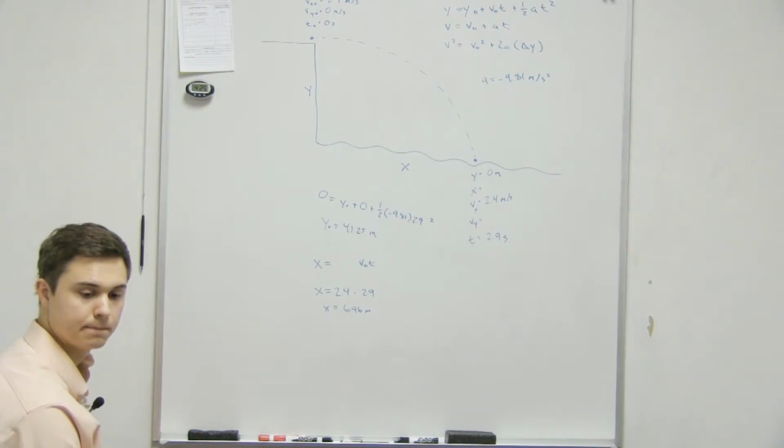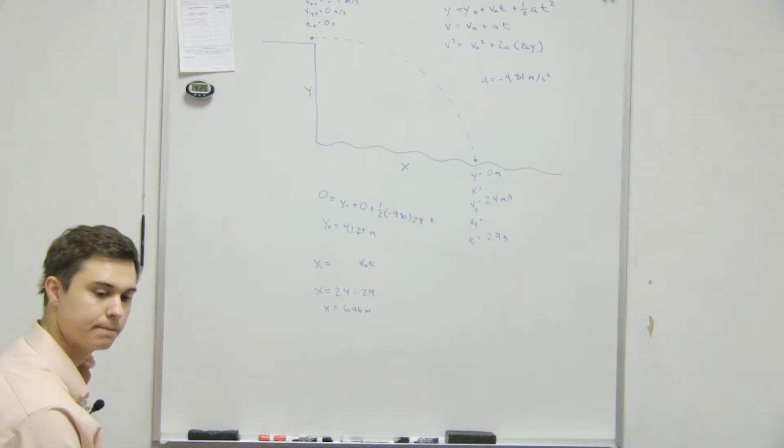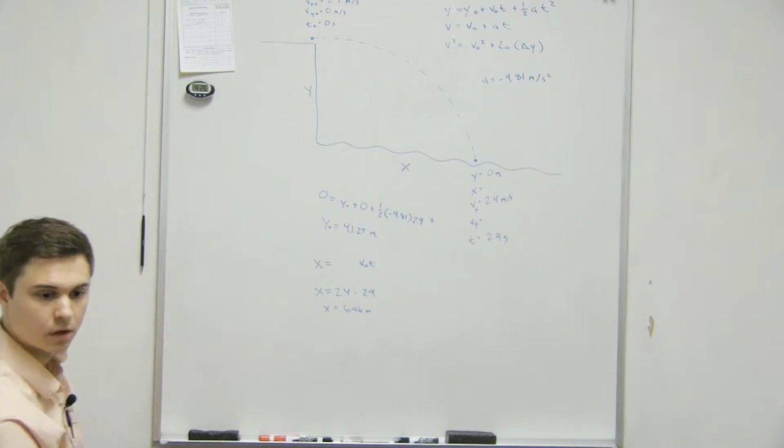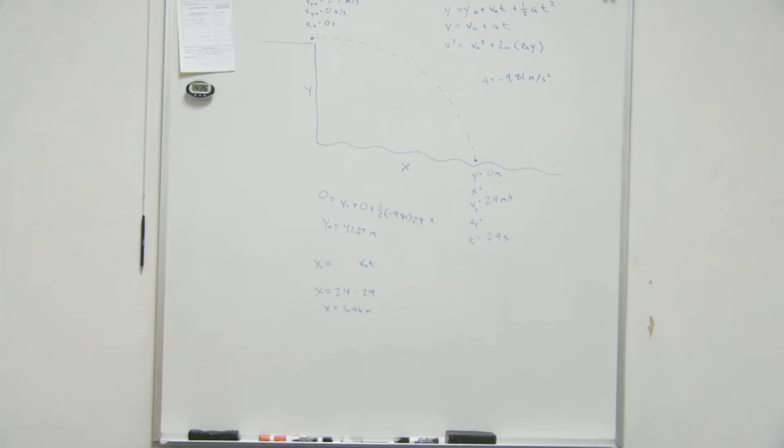So for my problem on here, it's pretty similar. It says a baseball is thrown horizontally off a cliff with a speed of 7 meters per second. So how would that change? That's just changing the numbers. What is the horizontal distance to the nearest 10th?